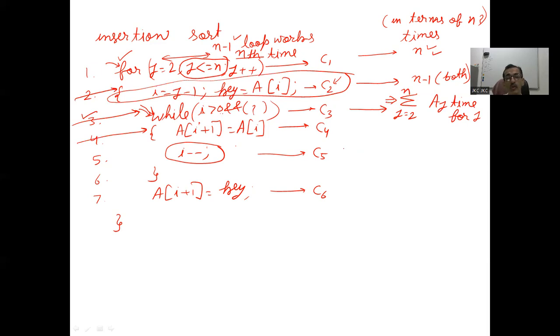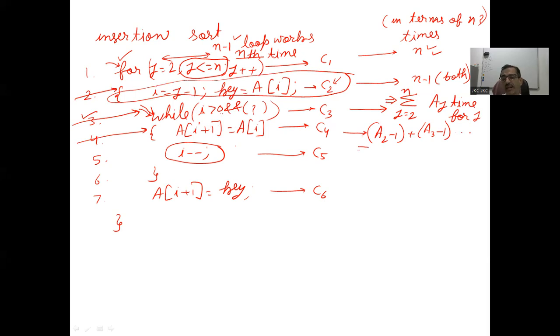Let's say the first time j was 2. If the loop executes a2 times, this statement executes a2 minus 1 times. Next time, I have a3 times loop executing, and this statement will execute a3 minus 1 times.